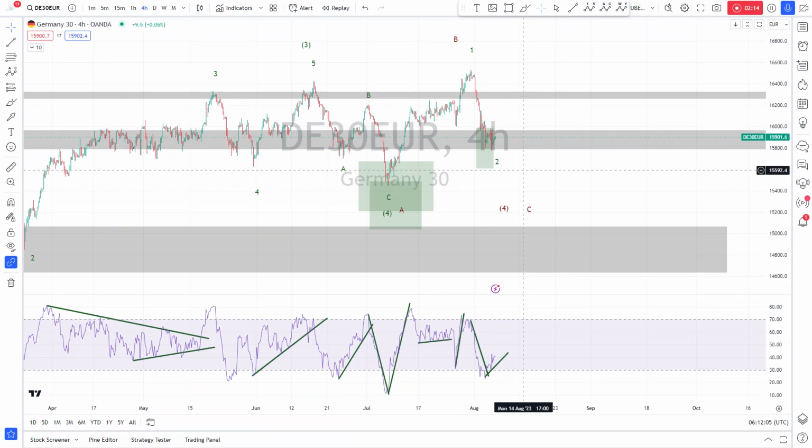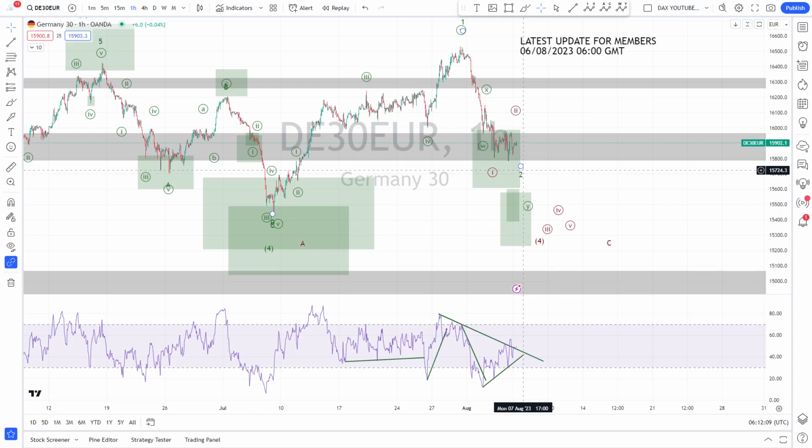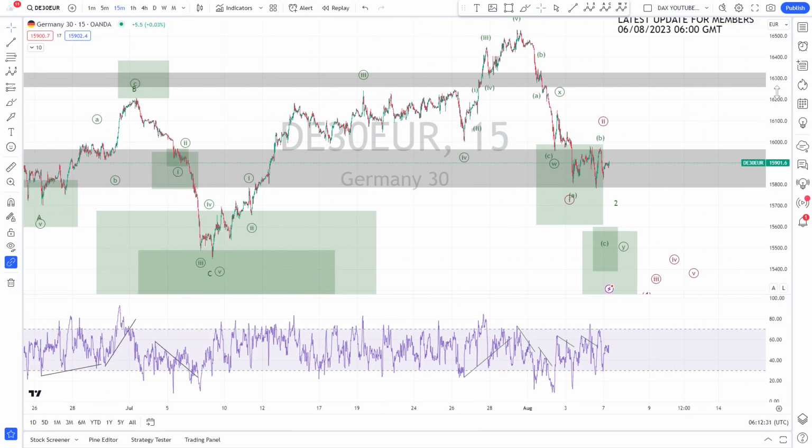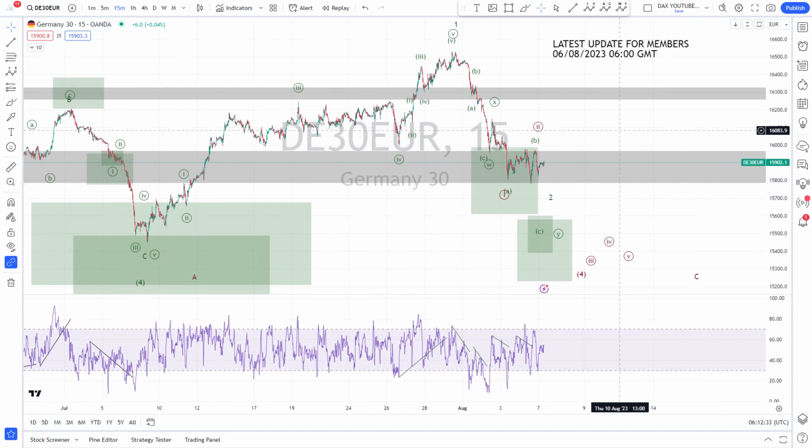But therefore, let's have a look in the 1 hour. Like also here, you can see this upwards momentum. So let's see what this exactly brings. But to have a better view, we better immediately go to the 15 minutes, where we can analyze in more detail.